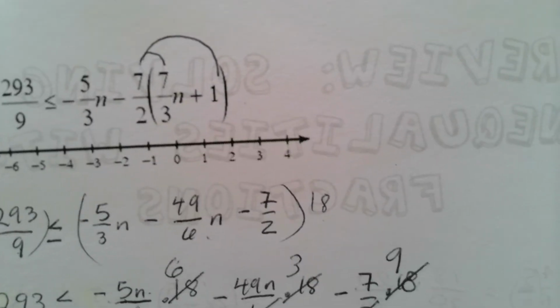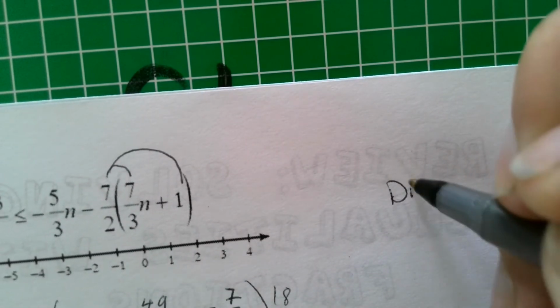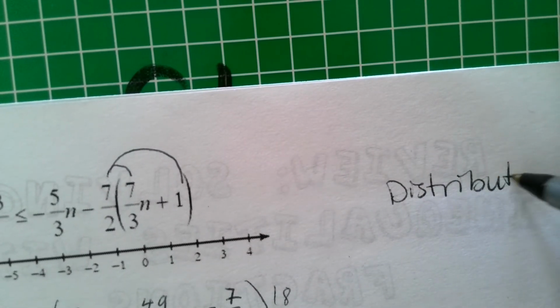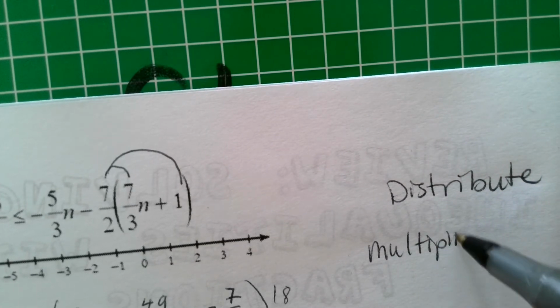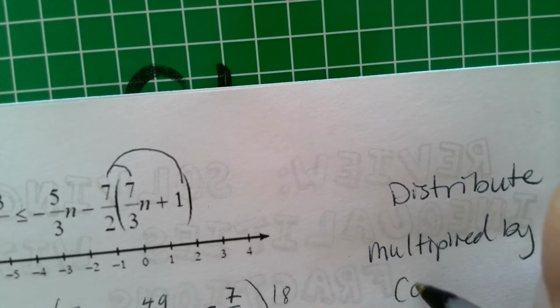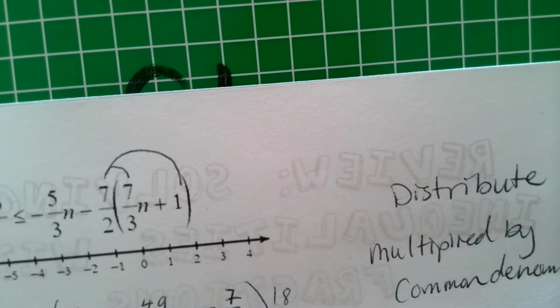Now remember, here's the steps we did on this one. We distribute. Then we multiply. We multiplied by the common denominator.